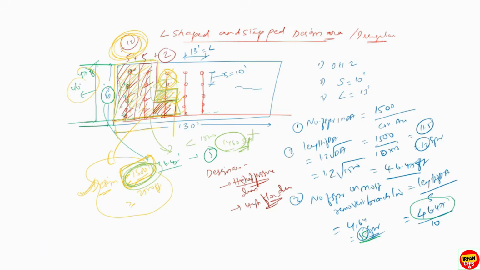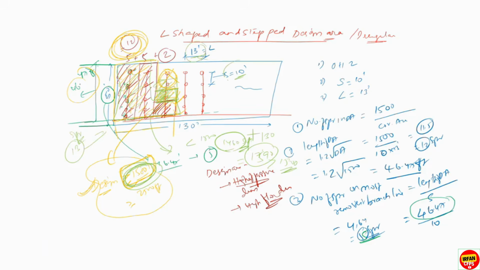So 1460 plus one sprinkler coverage area, here you can see 10 into 13, right? 130. So 1460 plus 130 will be 1590, right? Which is greater than 1500 square feet. So it means you need to consider one more sprinkler for the purpose of calculation. So it will be 13 sprinklers.